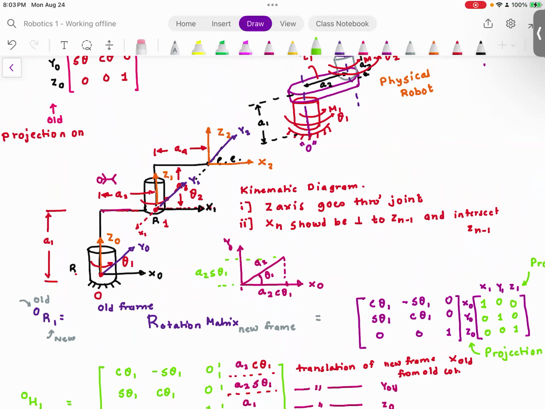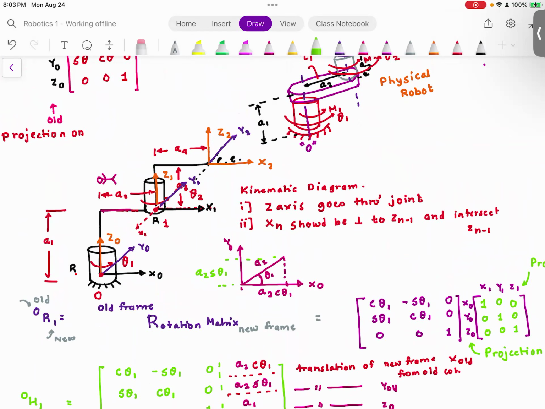You agree with me that this rotation matrix also represents rotation about Z. You agree with me? Yes. The only difference is now that rotation, instead of theta 1, is theta 2.